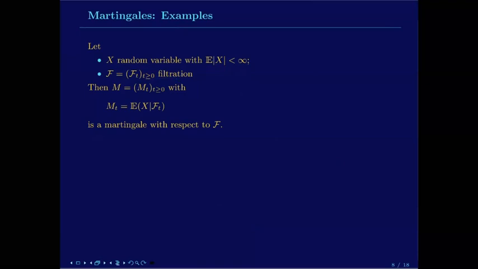We have a filtration, and then we define a stochastic process M_t by setting M_t equals the conditional expectation of this random variable X given the sigma algebra F_t, which is one of the sigma algebras from the filtration. And we can easily see that this is a martingale.